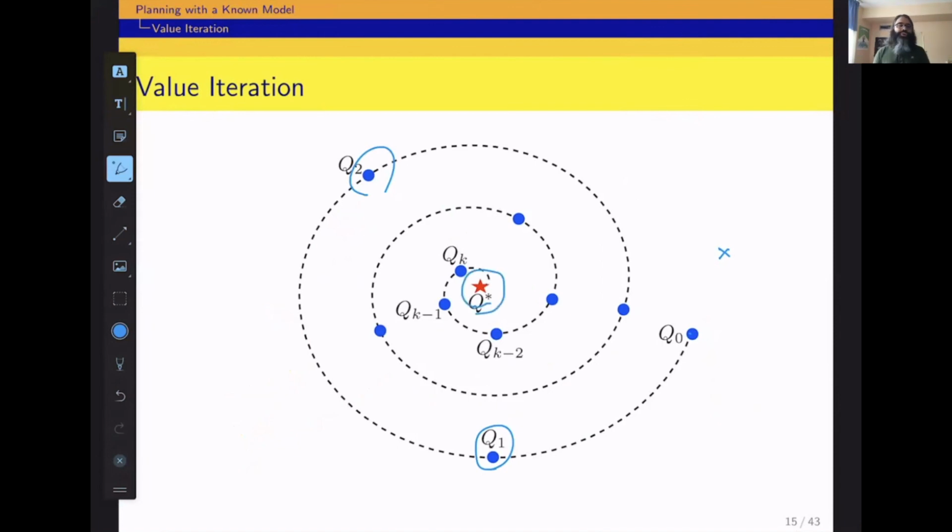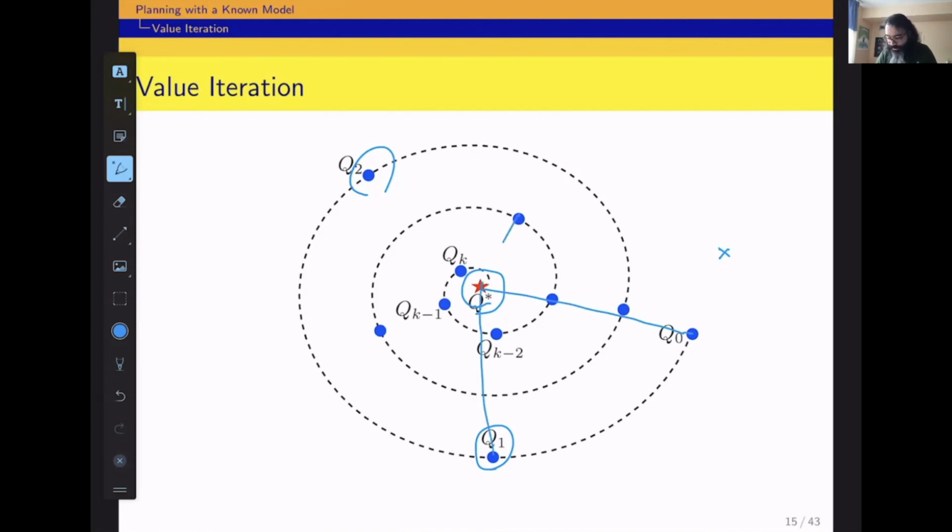The spiraling behavior shows that these Q functions are gradually getting closer to Q star. So the distance between Q0 and Q star is larger than, say, Q1 and Q star.